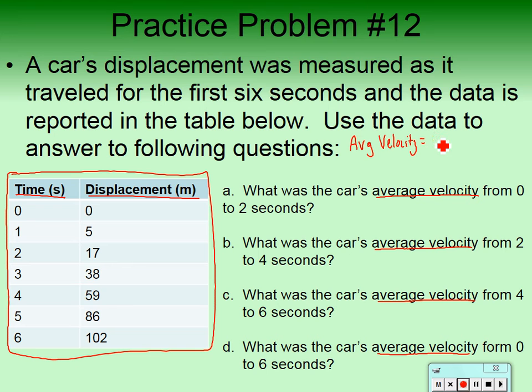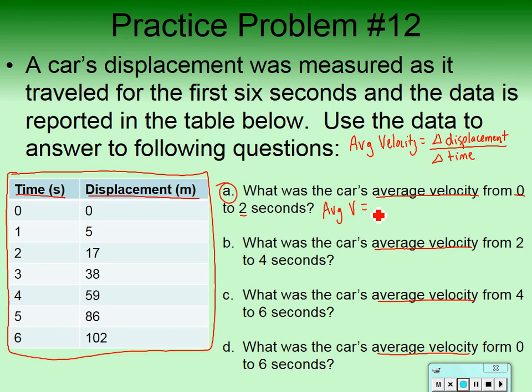Average velocity, how do you find it? Well, it's change in displacement divided by the change in time. Okay? So we're going to do that for part A, B, C, and D individually. So let's do part A first. What was the car's average velocity from 0 to 2 seconds?